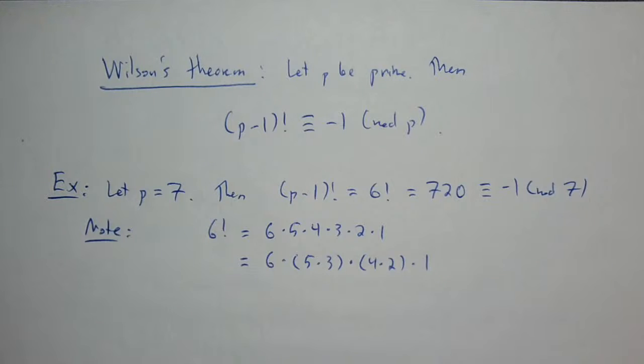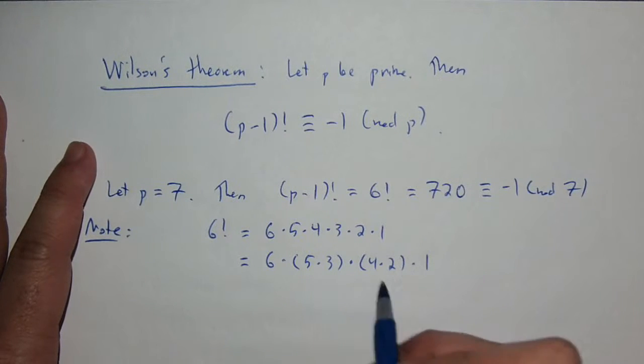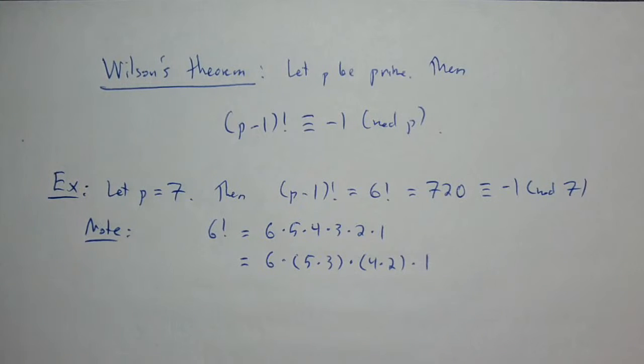You might say, okay, you can definitely do that, but why would you want to? Well, if I look at these pairings that I've made, I haven't just done this randomly. I could have paired 5 and 2 and 4 and 3. I could have paired 5 and 1 and 4 and 6 and 3 and 2. I could have done this pairing in any way I wanted to. Notice I left 6 and 1 unpaired.